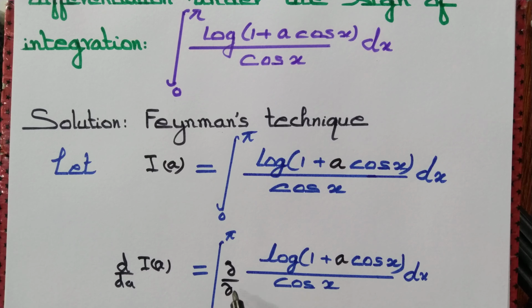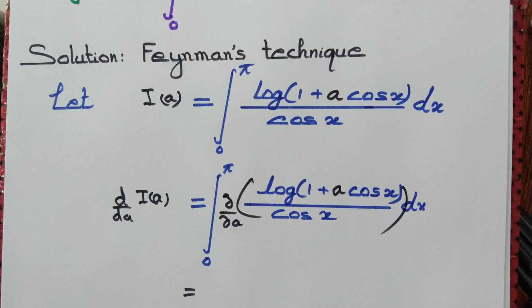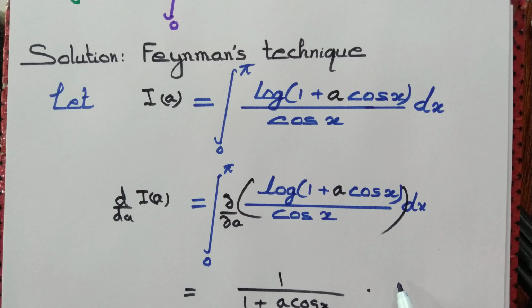Now, if I differentiate log with respect to a, we know that d/du of log u is 1/u, so it is 1/(1 + a cos x). And then the differentiation of a cos x with respect to a is simply cos x, because the derivative of a with respect to a is just 1.